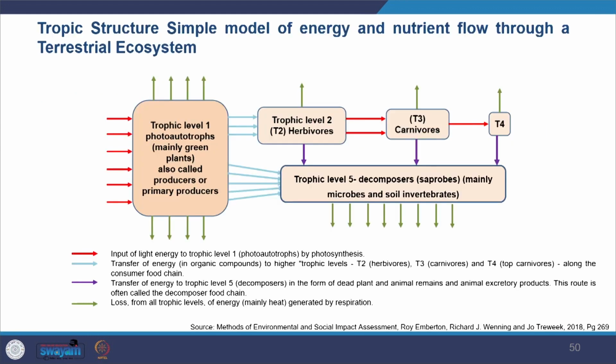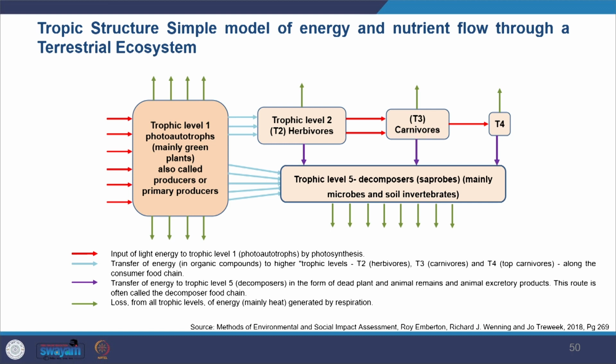So in the image you can see energy and nutrient flow through the terrestrial ecosystem. On the left side you can see the input of light energy to trophic level 1, mainly the green plants. Then you can see how the transfer is happening to trophic level 2, like herbivores, and also the decomposers, which are microbes and soil invertebrates.